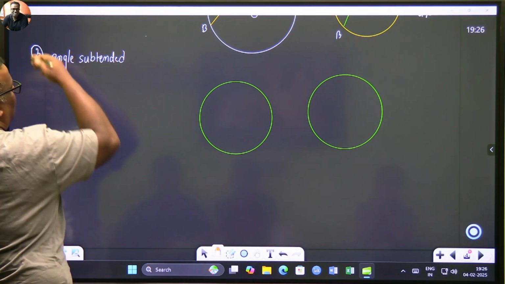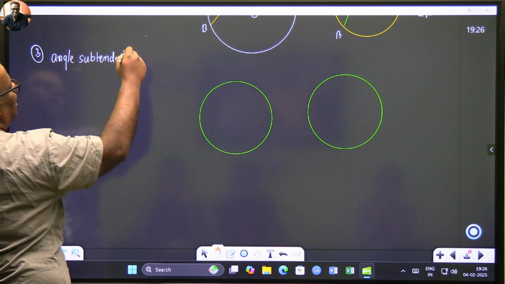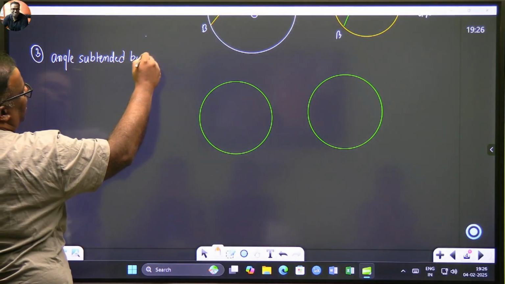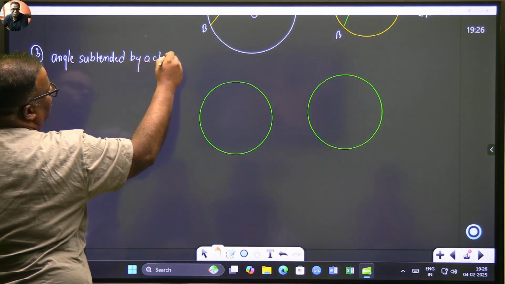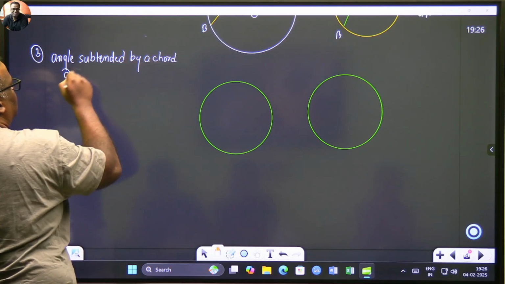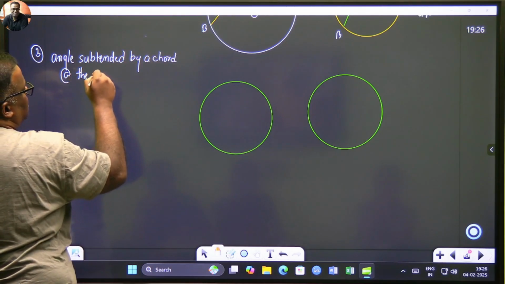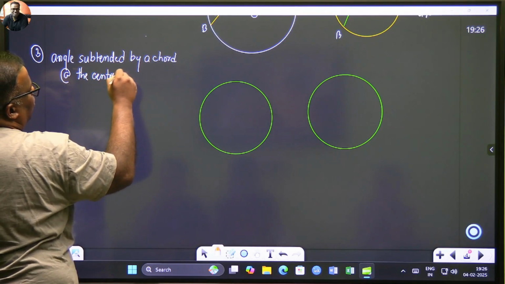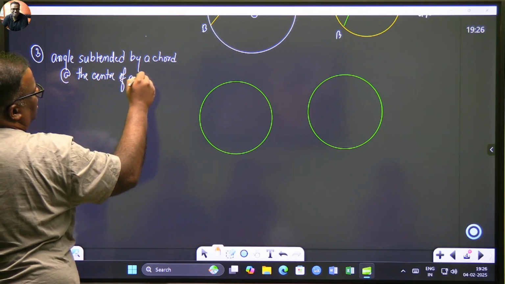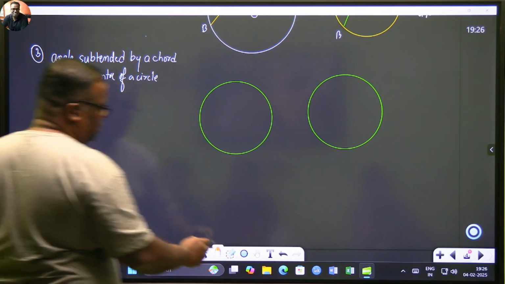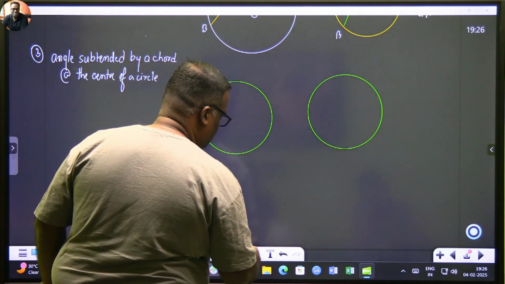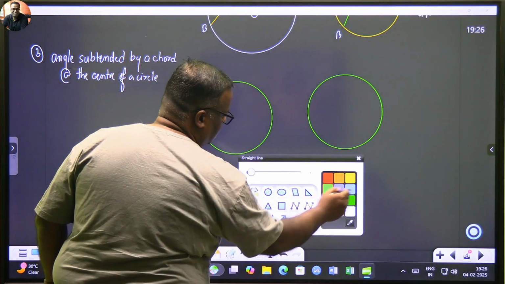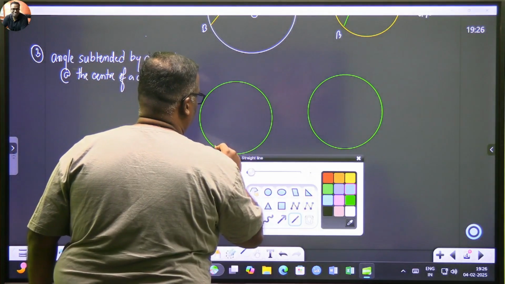You should not have. I don't know whether it's number 3, maybe number 4. Angle subtended by a chord at the center of a circle. Let us first understand it from the chord's perspective, then we'll understand everything. Don't worry. Okay, so let me make a chord.